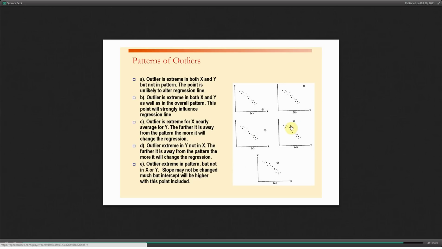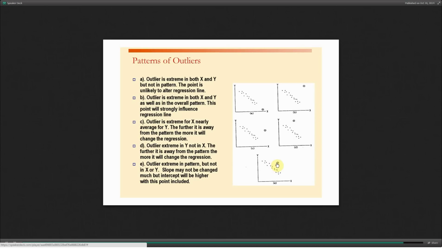But this is one that's extreme in the y. It's outside the y range, but well within the x range, and so it's going to affect the regression, depending on how far away it is from outside the y range. And again, this one you would investigate whether the observed dependent variable is in error or not.